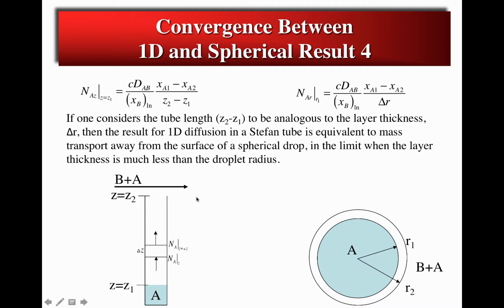So for all intents and purposes, from a mass transfer point of view, solving either the rectangular coordinate problem or the problem in spherical coordinates is exactly the same, and that occurs when this layer thickness, R2 minus R1, or what we're calling delta R, is less than the particle radius.